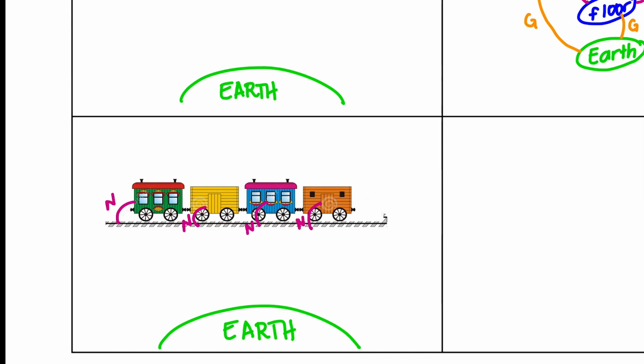But since it's moving, there's also some sort of sliding, a shearing interaction that's happening with the tracks, excuse me. So there is a friction force that's also between the box cars and the track. Okay. And then, of course, everything has an interaction with the earth.